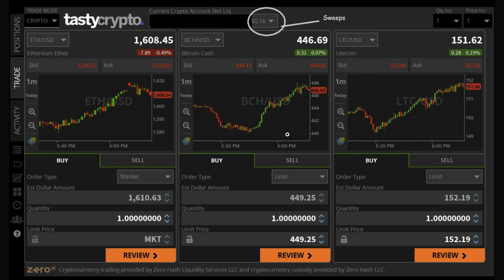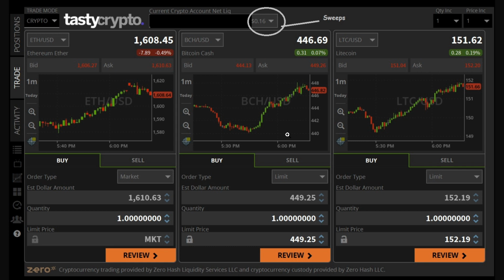We're going to break down some features that weren't really covered in the tutorial from Tastyworks itself, one of which is the crypto account net liquidity. Now, when you open the account, it says 0 and 0, and you're probably a little bit confused because it's kind of a custodial account tied to Zero Hash. With that custodial account, essentially the balance in your options account or whatever kind of cash account or margin account that you have is separate from this particular balance.